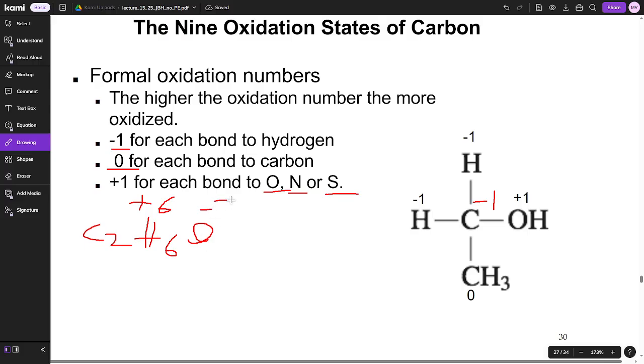The O is -2, and so each carbon would have to be, oh, sorry, -2. So each carbon has to be -2 in this case.